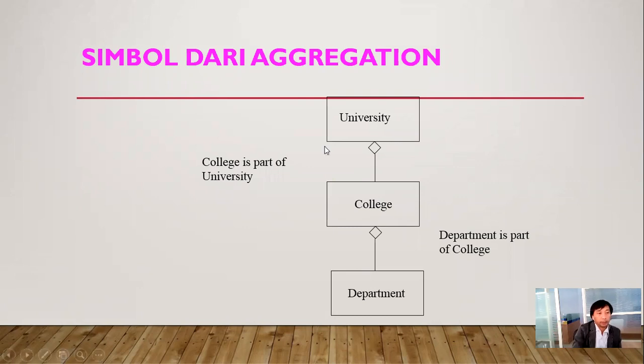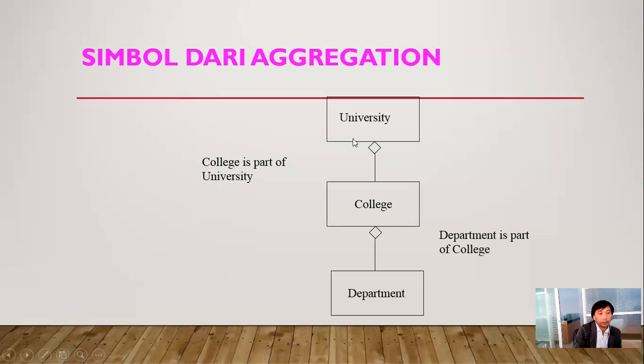So the closer the diamond position, the class would be the parent's position, and the further the diamond position would determine that the class is the child class. So you can see how to read this kind of relationship. We can say that the college is a part of the university.